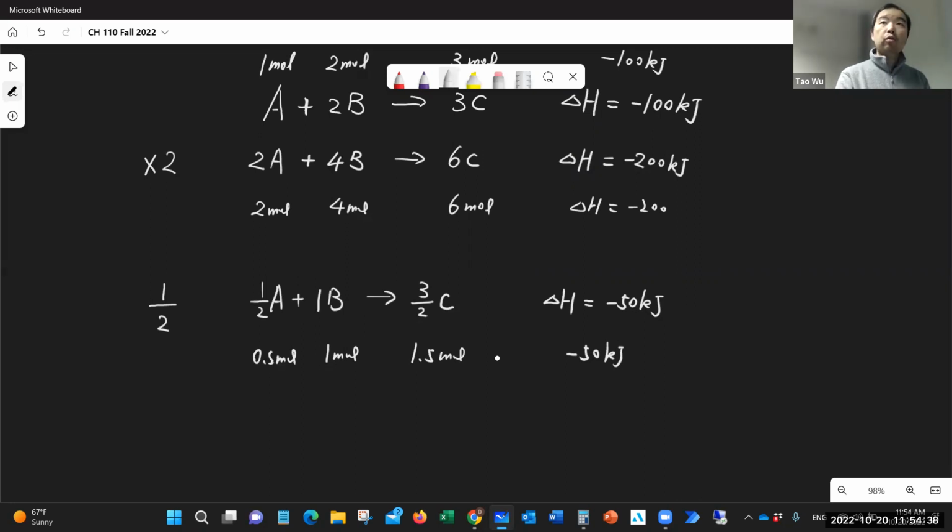This is special for thermochemistry: if you multiply by a certain number, the heat is also multiplied, and if you divide by a certain number, the heat is also divided by that number. This is how you manipulate these equations.